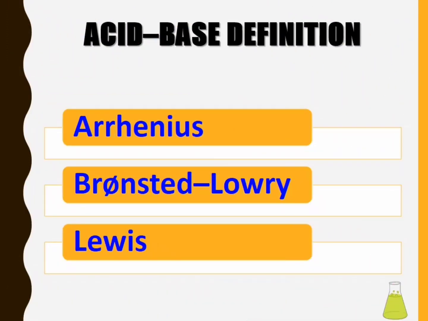Alright, so for acid-base definition, we are going to look at these 3 types of definition. First, we have Arrhenius definition, and then Bronsted-Lowry definition, and Lewis definition. Okay?